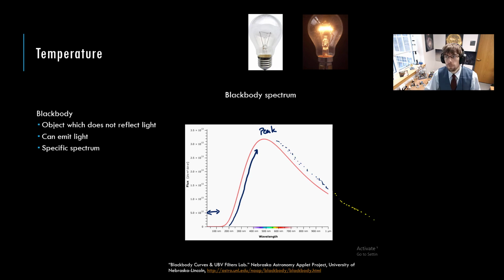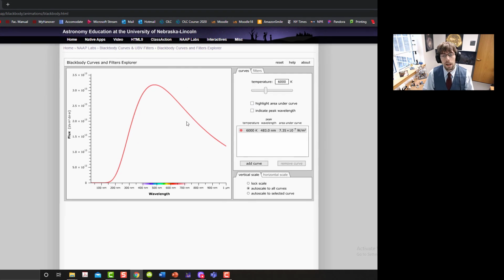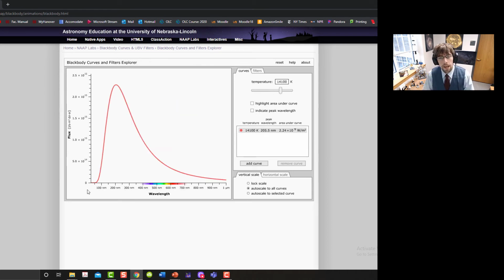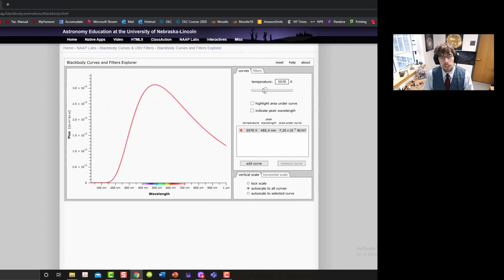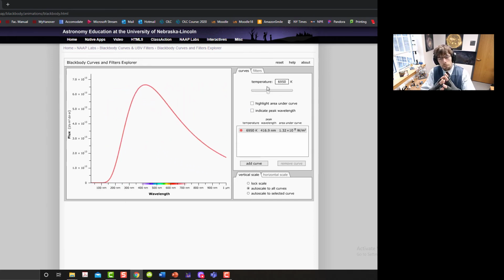So what I've got for you here, click on the link, fly out, boom. What we've got is a little simulation that allows you to look at the black body spectrum and see how it changes as you adjust the temperature. And you'll notice that as the temperature changes, you can get it kind of more spread out or less spread out, but that general shape still holds.